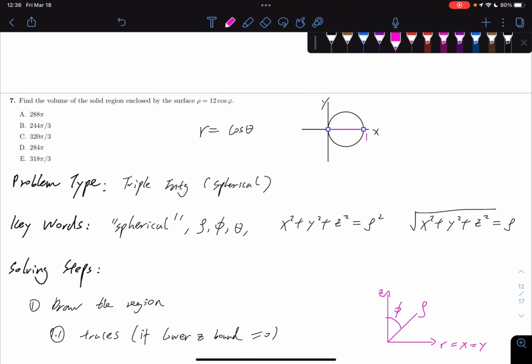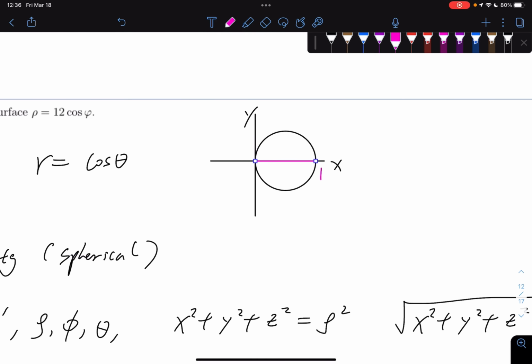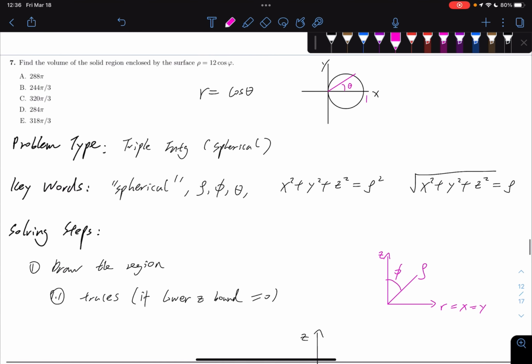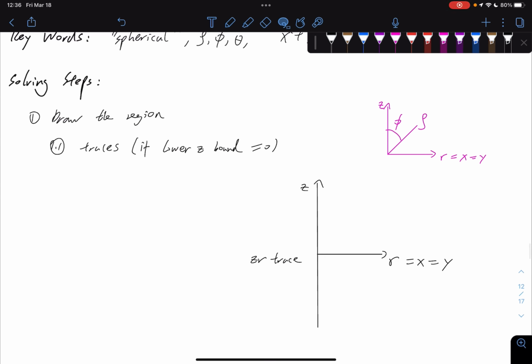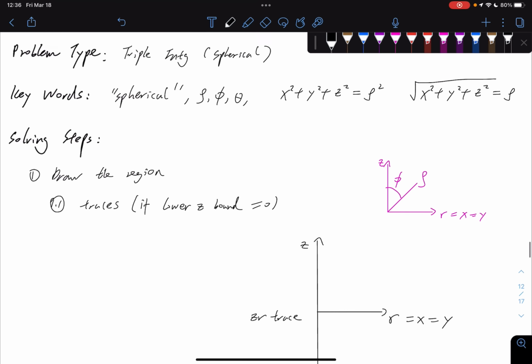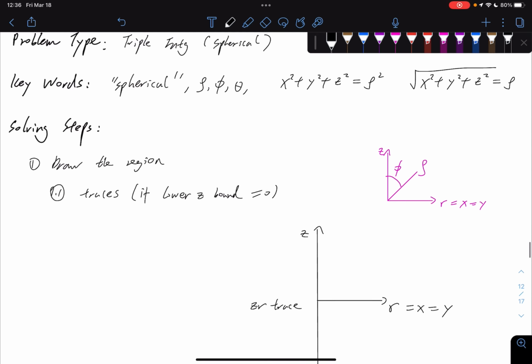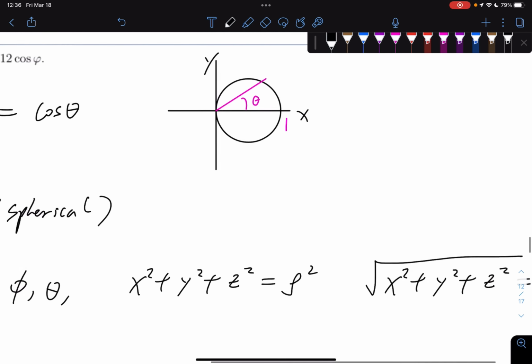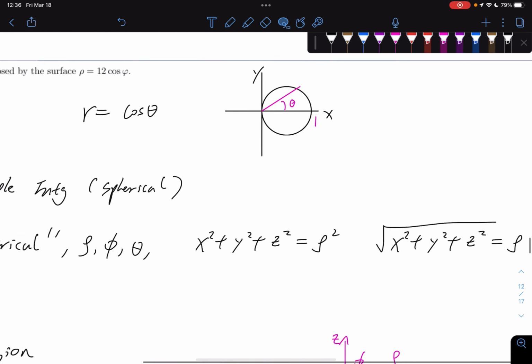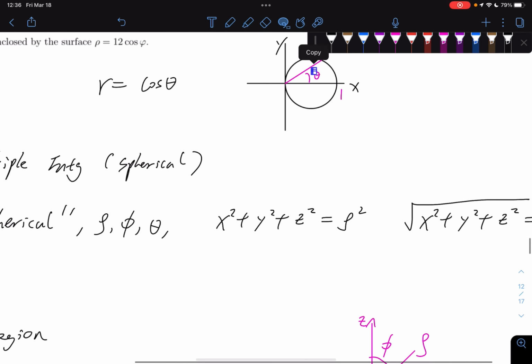But theta is measured from the positive x-axis, whereas phi is measured from the positive z-axis. So if we translate this idea to the ZR trace, that would give us a circle lying up, because think of our x-axis as our z now, because that's where the angle is measured from.